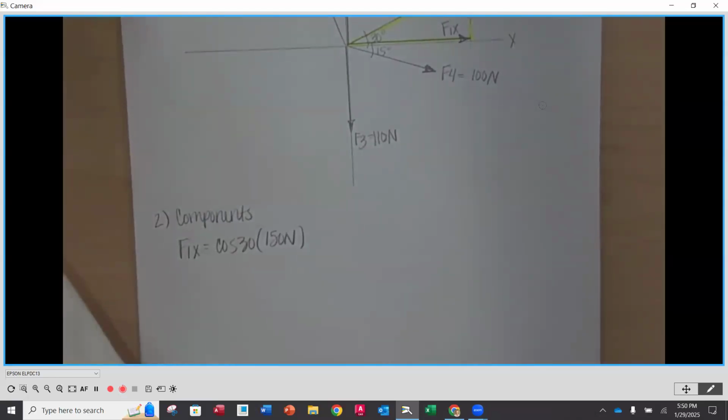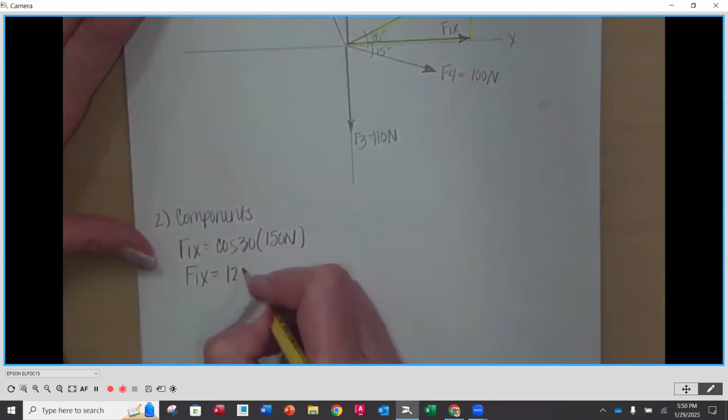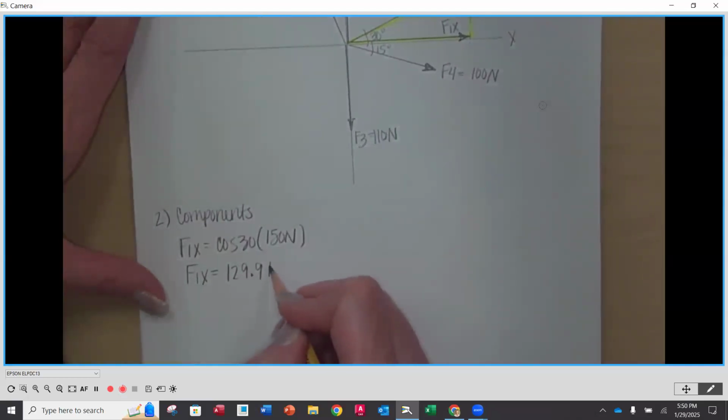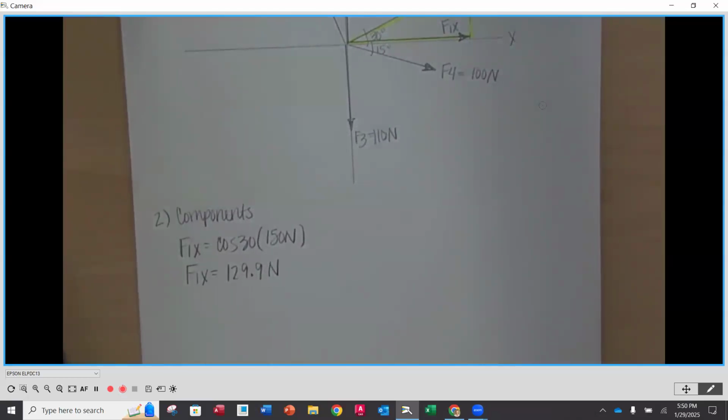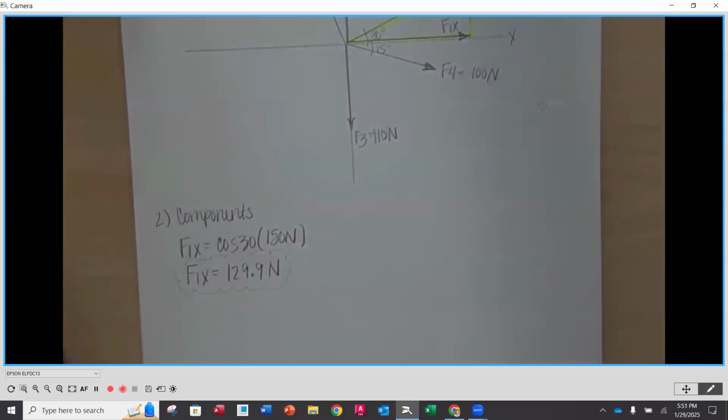Multiplying those two out, finding the decimal equivalent, cosine 30 times 150, it looks like F1X is equal to 129.9, probably 130, but I'm going to hold an extra decimal place as we are working our problem here. I'm going to put a little cloud around it so that when I need it, I can go back to it, but also add units here. This is a force. The units of force for this problem are newtons.